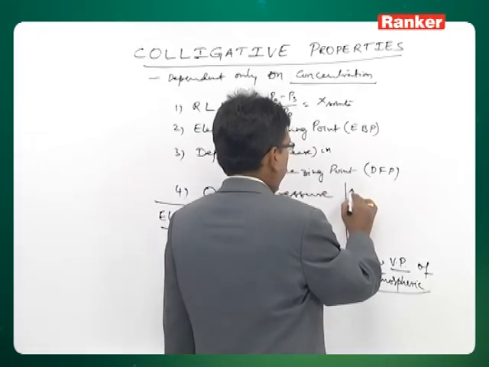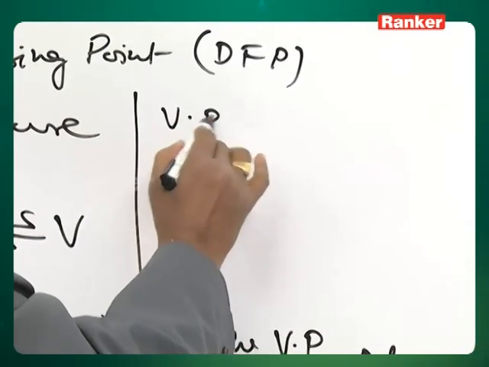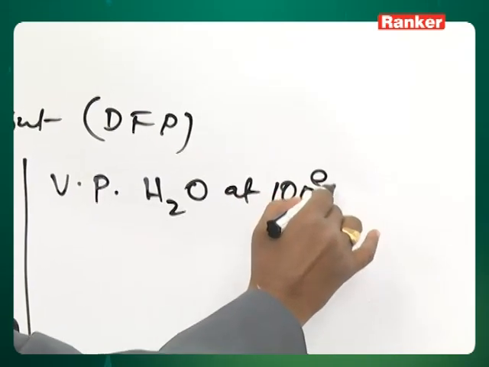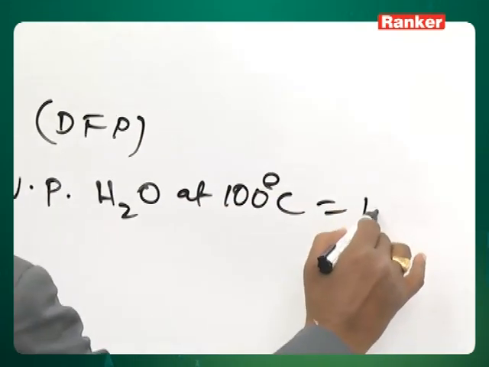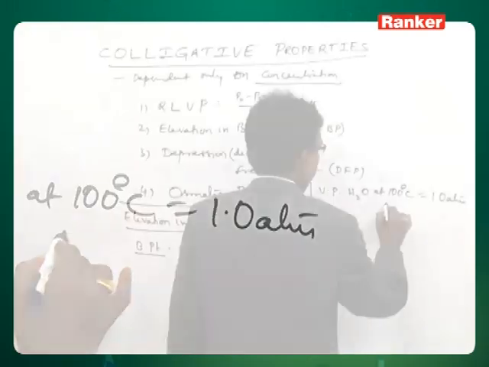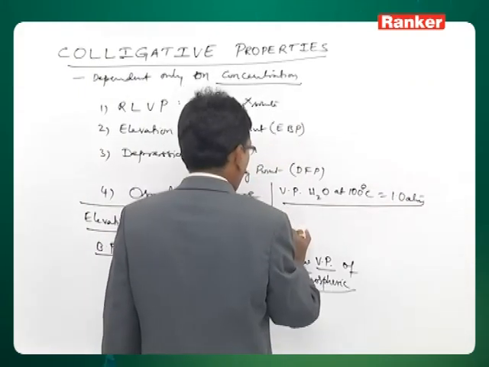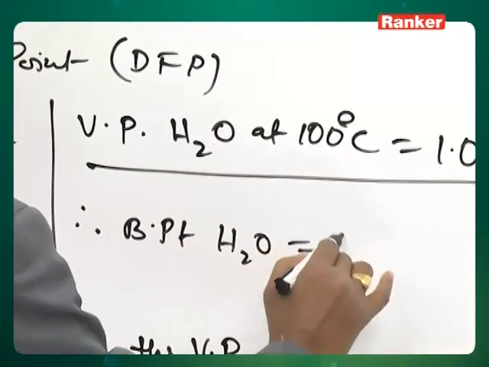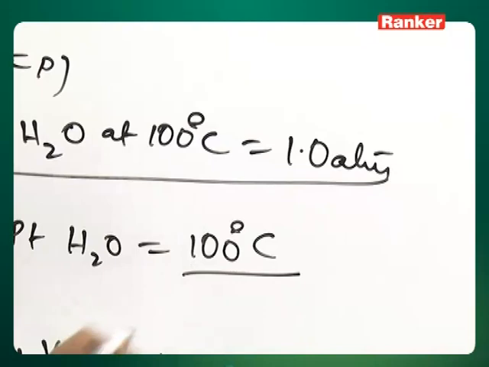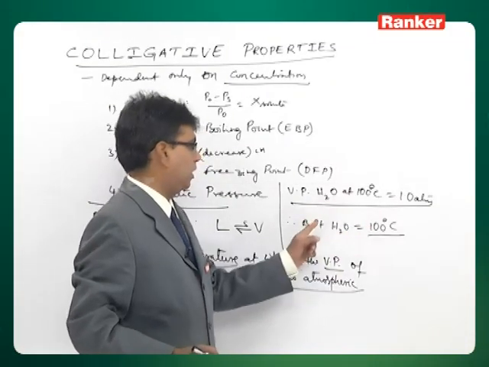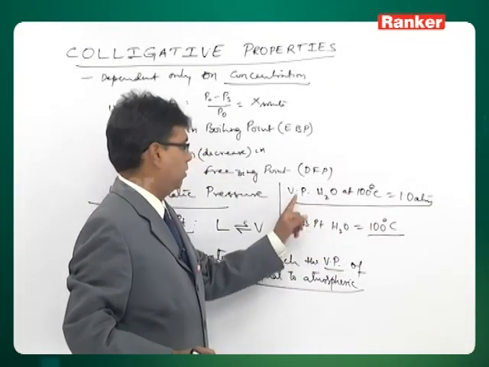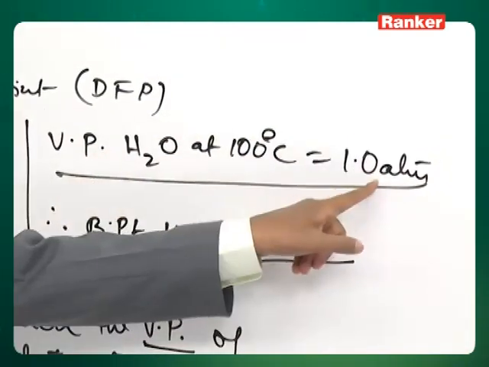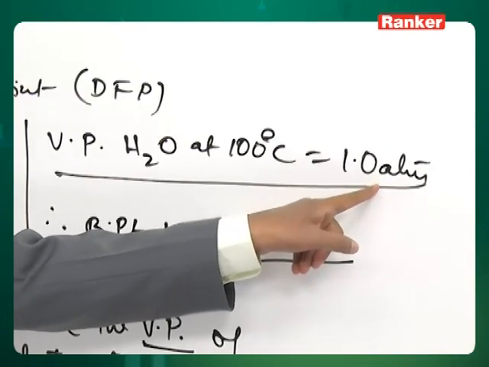The vapor pressure of water at 100 degrees Celsius is equal to 1 atmosphere. Therefore, we can say that the boiling point of water is equal to 100 degrees Celsius. So, the other way of defining boiling point is the temperature at which vapor pressure of a liquid becomes equal to atmospheric pressure.